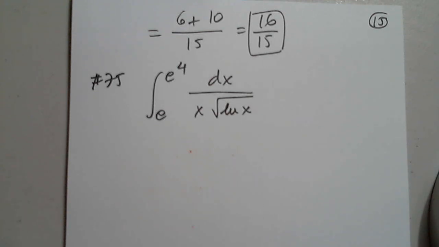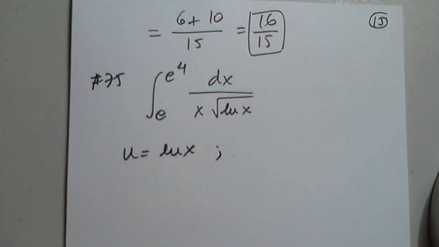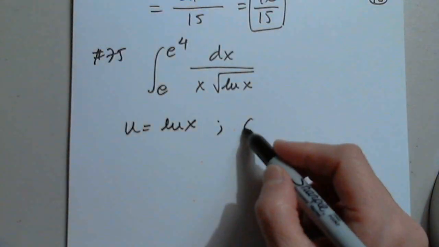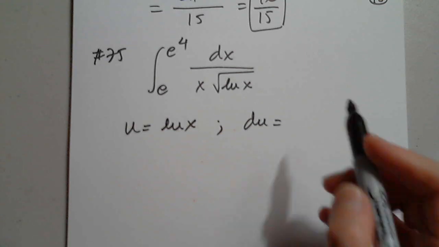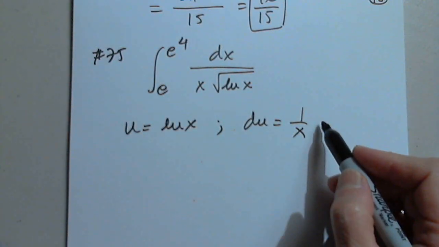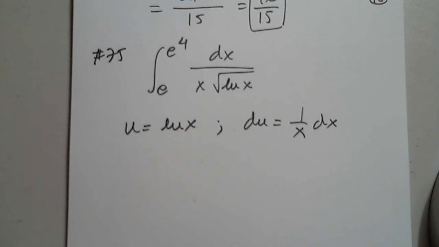Is it the square, or not the square root, sorry. Is it the natural log x under the radical? That's it. What about du? Would be 1 over x times dx. Good. So let's see what we have.